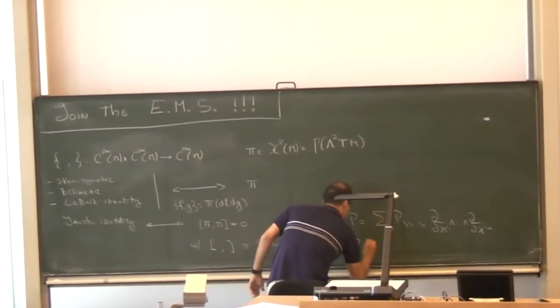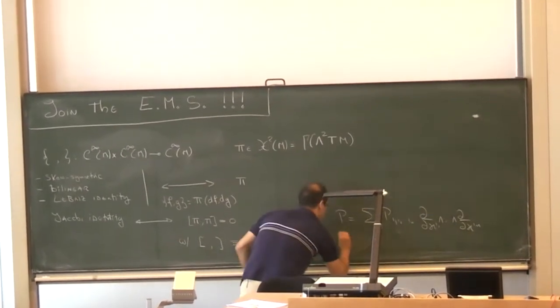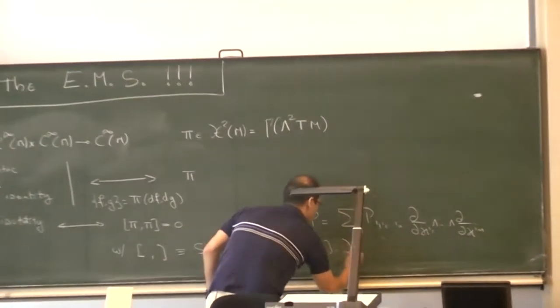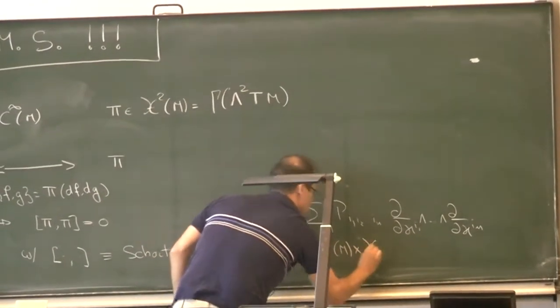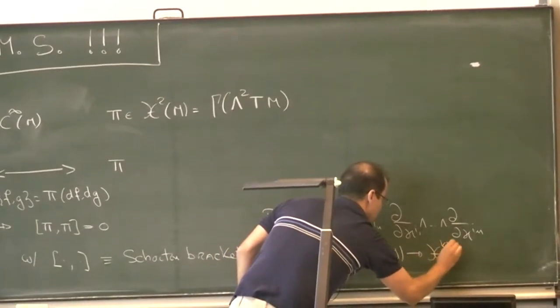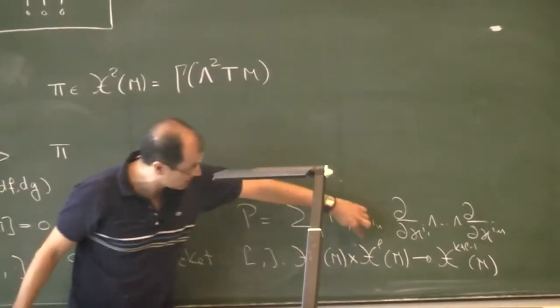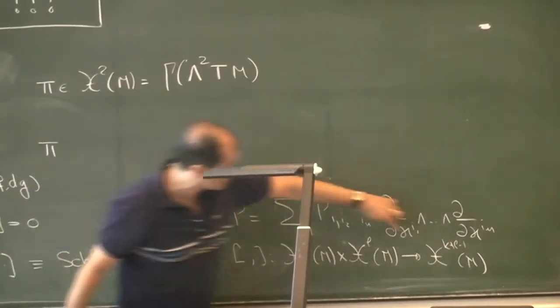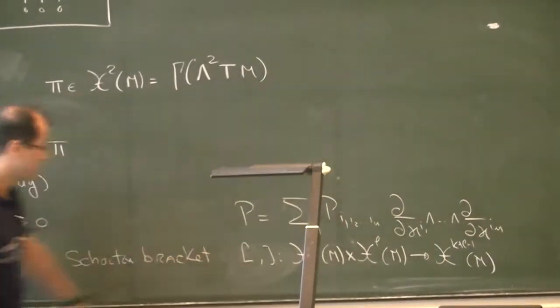So, the Schouten bracket of two multi-vector fields. Okay, so write it this way. If I have a multi-vector field of degree k and a multi-vector field of degree l, the Schouten bracket is going to be a multi-vector field of degree k plus l minus 1.